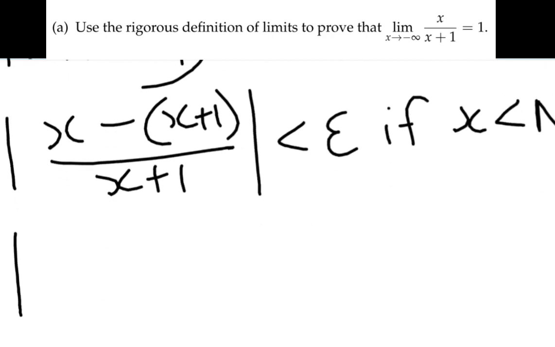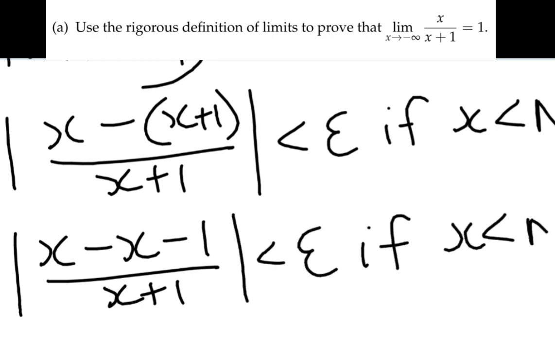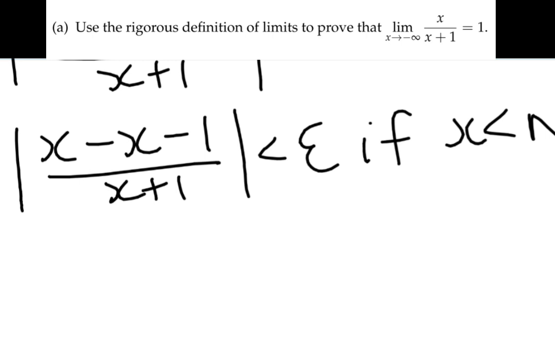So now let's try and simplify the numerator. We have x, negative times x is negative x, negative times positive 1 is going to be negative 1, over x plus 1. Now simplifying the numerator, x minus x is going to cancel out to 0, so we're left with negative 1 over x plus 1.